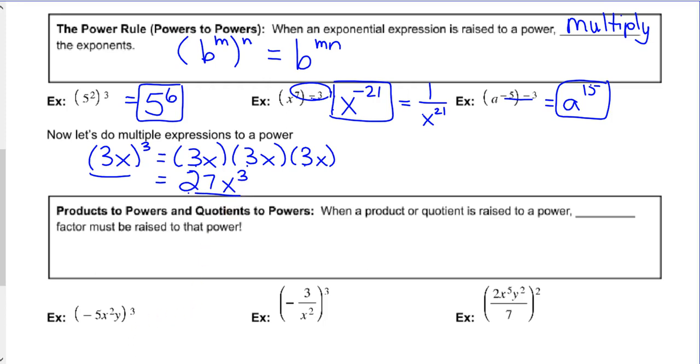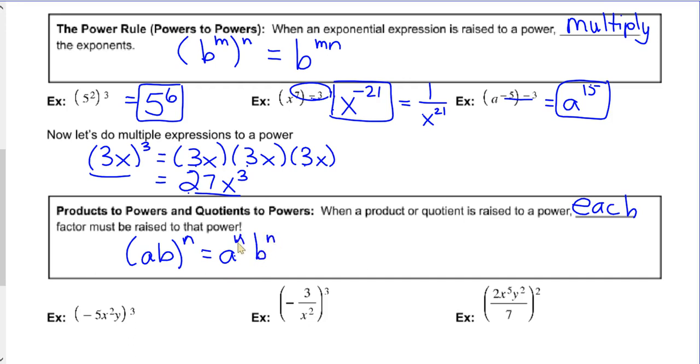So the products to powers and quotients to powers, I'm putting them all together basically. When a product or a quotient is raised to a power, each factor must be raised to that power. So if I have a, b inside here, or if I have 10 things inside there, all to the n power, that means I have to take a to the n power and b to the n power.